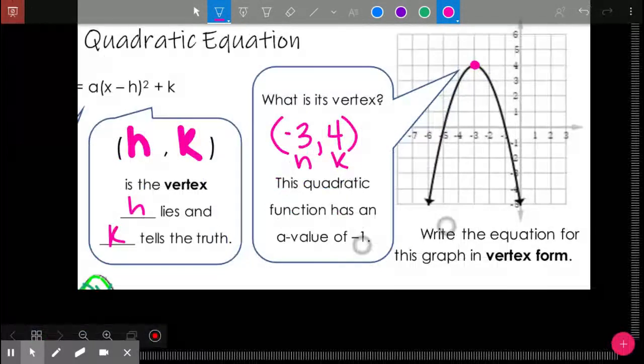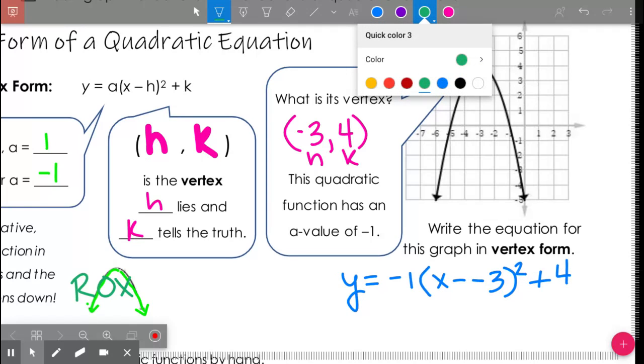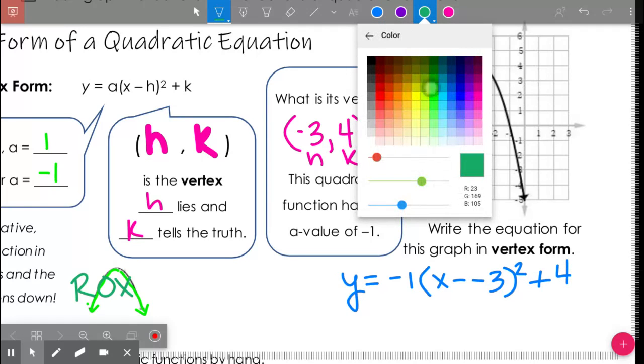So we are going to write the equation for this graph in vertex form. So that will be y equals, my a is -1 times x minus -3 squared plus 4. Now, whenever we have minus a negative, that is going to turn to plus.